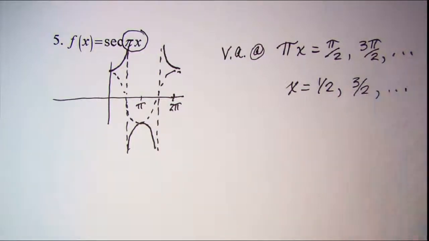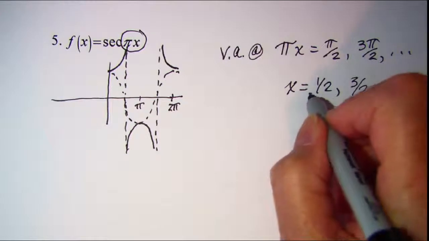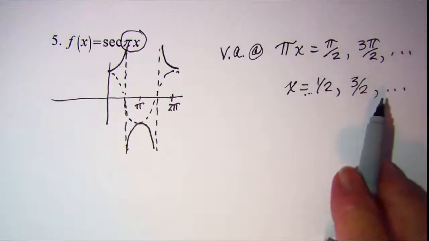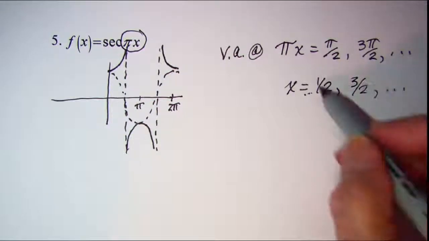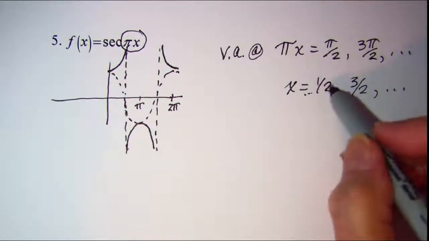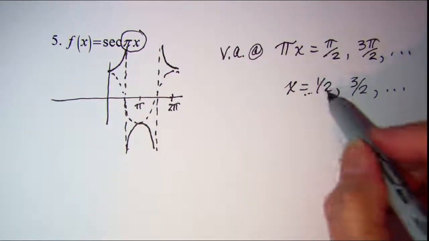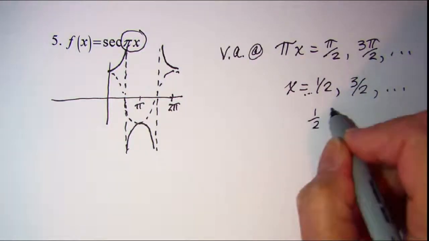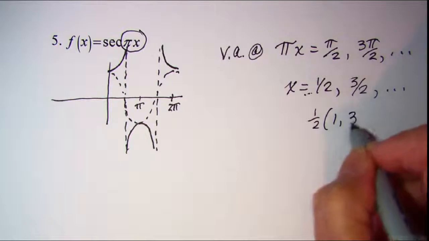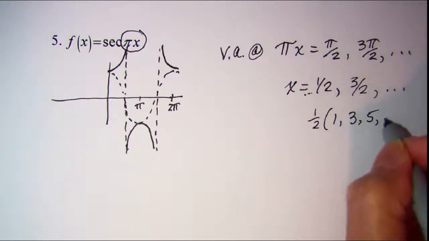And this will continue to the left and to the right. So we can see that we're multiplying 1/2 times 1, 3, 5, and so on.